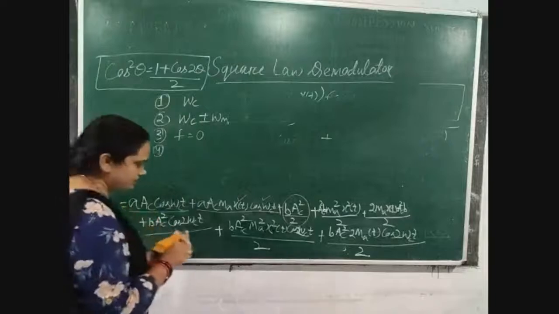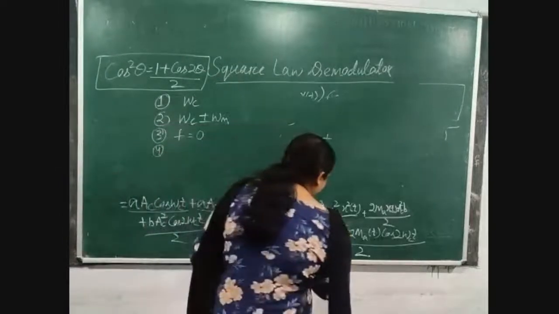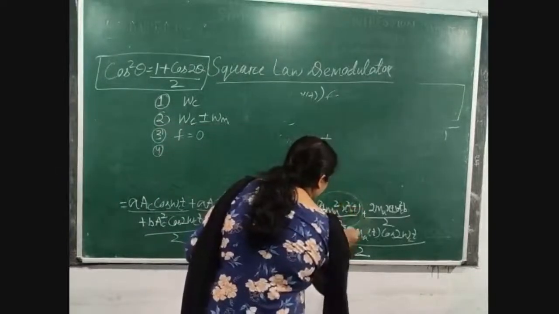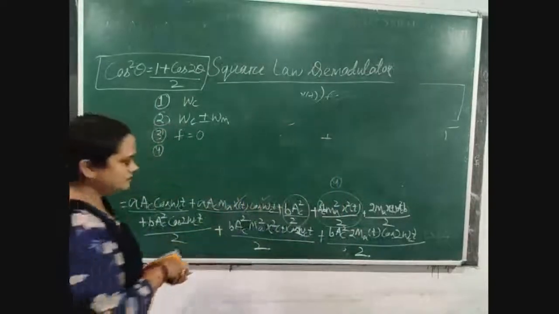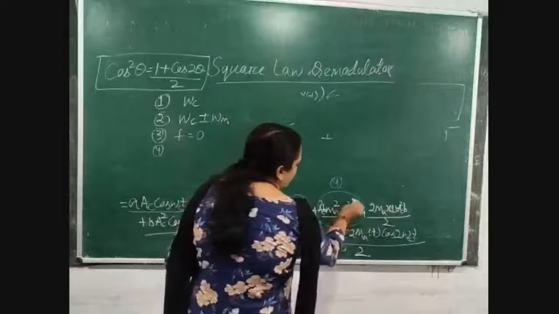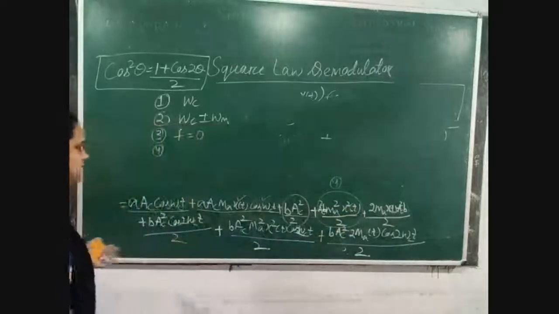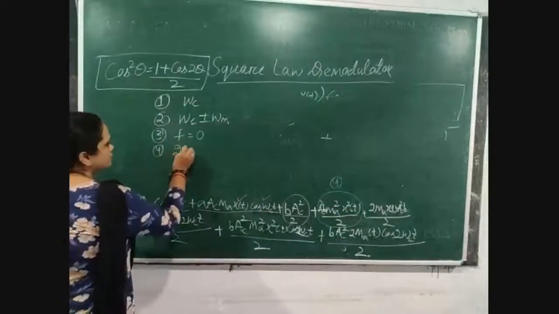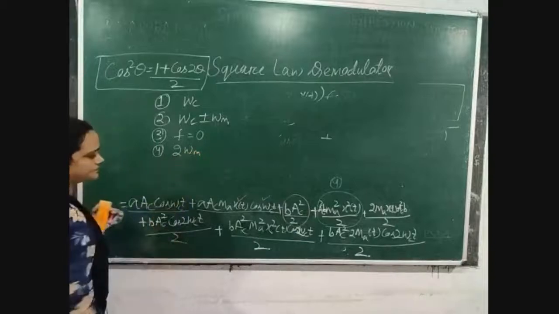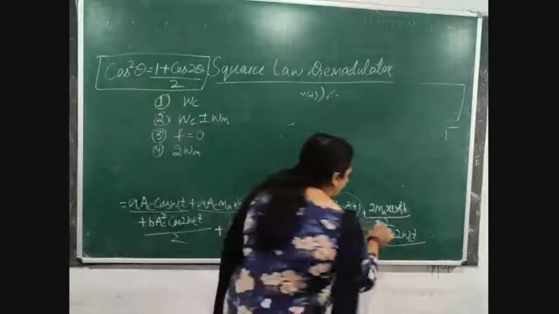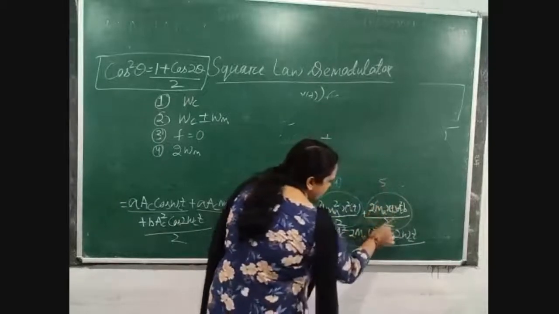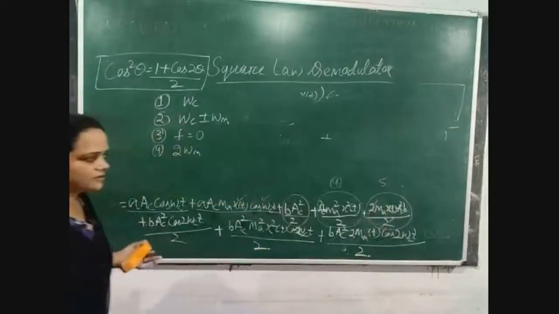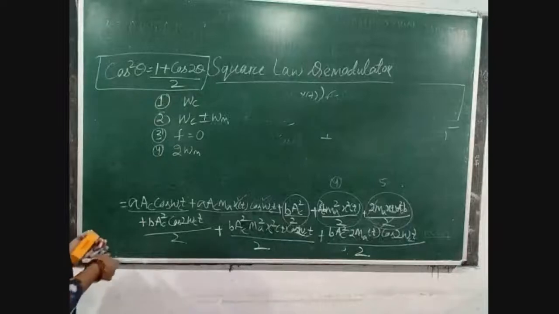Then fourth term. This one is the fourth term. In the fourth term only x square of t is present, means 2 omega m. Then in the fifth term, just 2 cancelled out, means ma x of t ac square b.